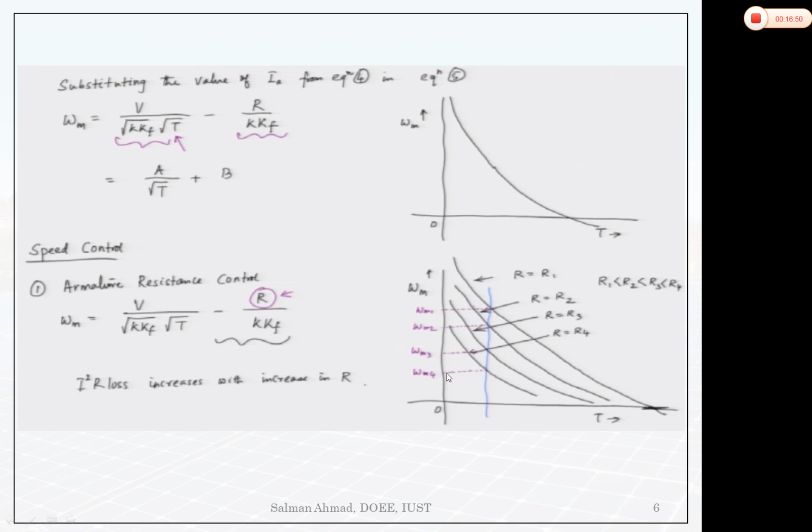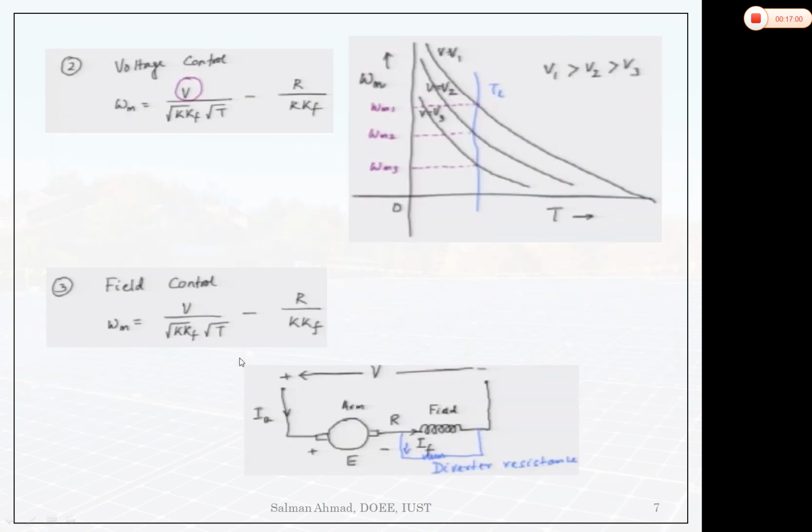So again, this is a simple method. But what is the problem with this? Again, the I square R losses will be more in the circuit. Similarly, we can have voltage control. If we decrease the voltage, the characteristic again will shift downward like this, because we are getting a lower speed corresponding to the torque value.